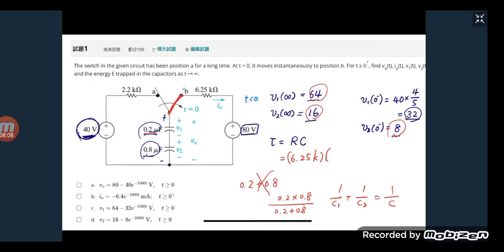So here we see that the equivalent capacitor is 0.16, so it might be, as it is in micro units, 1 over 1000.